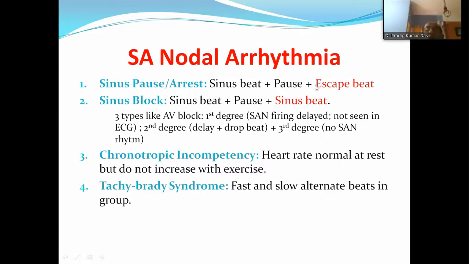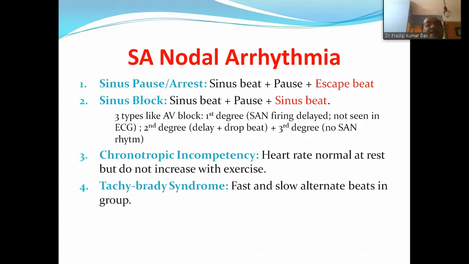So I want to say that in case of sinus pause and arrest, we have to look at the rhythm, look at the beat after the pause. If there is an escape beat after the pause, it is sinus arrest, and if there is a sinus beat again after a long pause, it is sinus block.